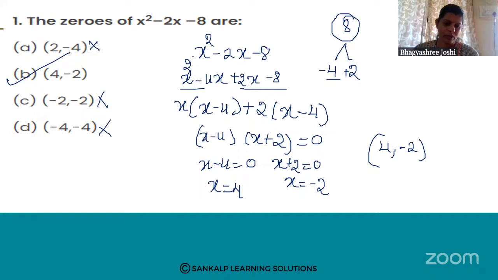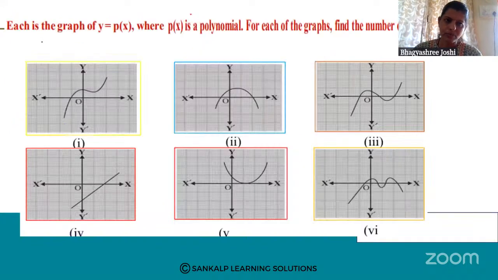Okay. Next. In this chapter, we are going to find out the zeros of the polynomial by using the graphical method. Here some graphs they have given. By using those graphs, we can find out how many zeros it has, right? So how can you find out how many zeros it has?